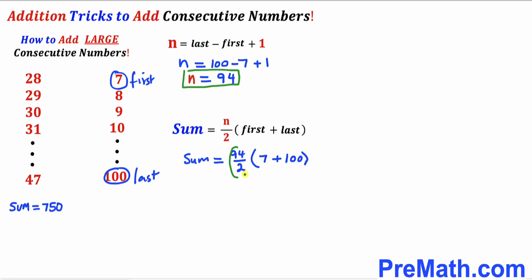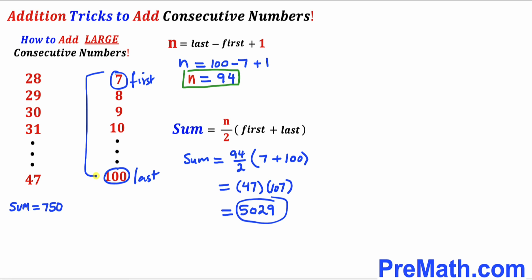Here 94 divided by 2 is 47, and 7 plus 100 gives us 107. So we multiply 47 times 107, and that gives us 5029, the sum of all these numbers.